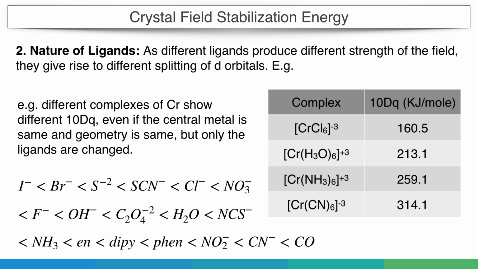Iodide is having the least strength, then bromide, then sulfide, thiocyanate, chloride, nitrate, fluoride, hydroxide, oxalate, water, isothiocyanate, ammonia, ethylenediamine, bipyridine, phenanthroline, nitrite, cyanide, and then carbon monoxide.